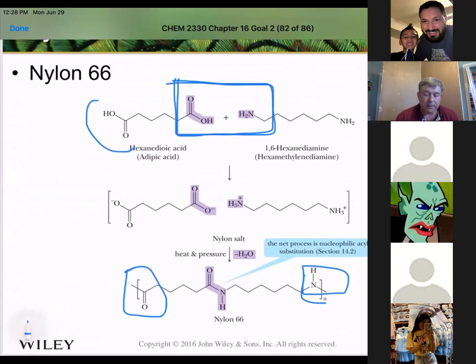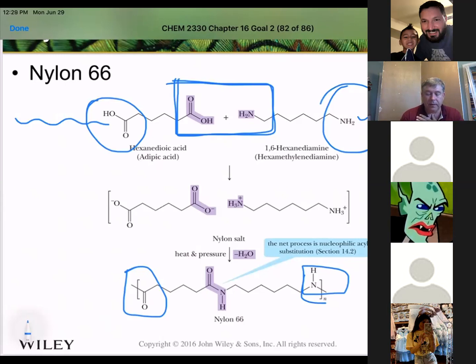But you have a carboxylic acid on this side of the chain and you have an amine on this side of the chain. So that means this can react with a carboxylic acid and this can react with an amine, and it keeps stepping up the molecular weight. Every time you add a unit, you've stepped up the molecular weight. That's why it's step growth polymerization, okay?